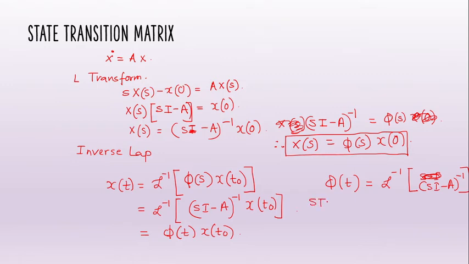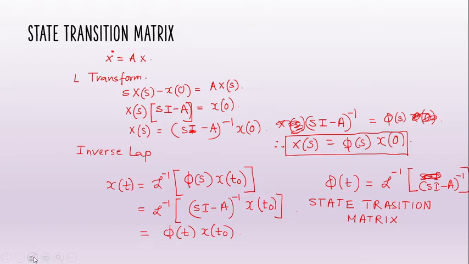So Laplace inverse of (sI minus A) inverse is known as phi(t), or it is also known as state transition matrix. Okay, and this phi(s), what we have assumed, is called resolvent matrix.